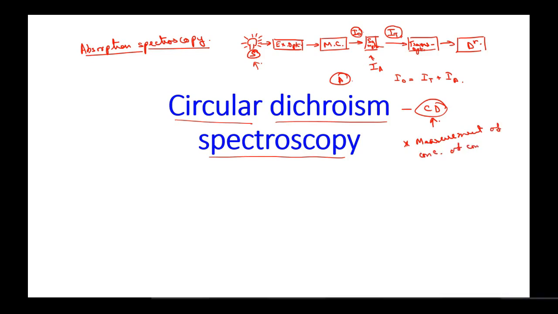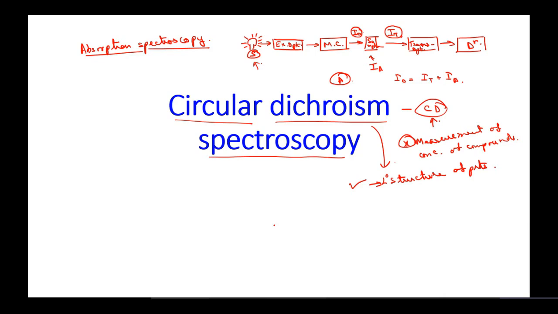What we do over here is basically look into the secondary structure of proteins. So CD spectroscopy helps us in understanding the secondary structure of the proteins.